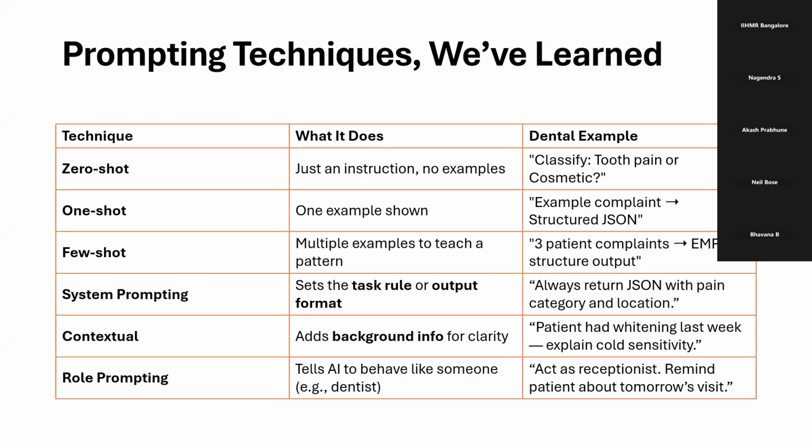And then there was system-level prompting, contextual prompting, and role prompting. These are the basic techniques we have worked around and understood. Remember, these are used ordinarily and we would have been using them, but we have never looked in depth to see what exactly we have been using or working around.